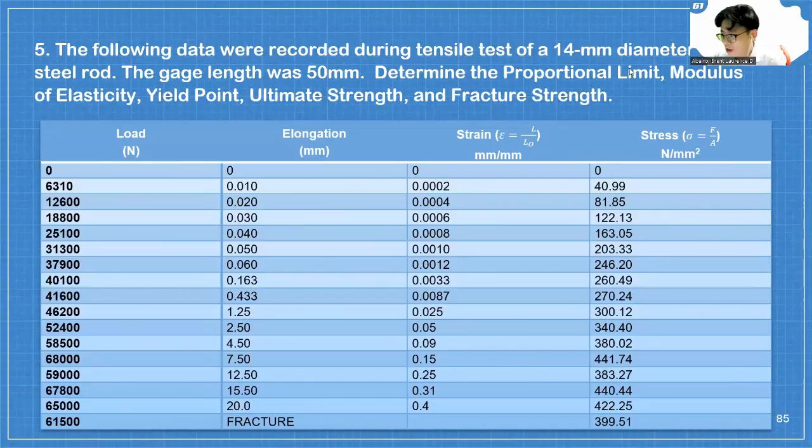We should get our first na hinahanap, which is the proportional limit. Ngayon, kung titingnan natin sa ating data, we could see na yung increment between these two, let me just annotate, is 0.0002, and then 0.0002, dito din 0.0002.